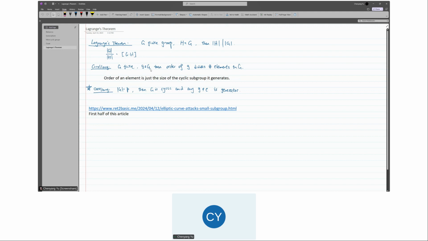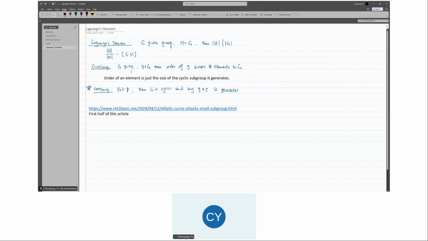Okay, so a corollary. This one is pretty general because it says for any finite group G, you pick an element from G, then the order of the element must divide the number of elements in G. You can say that because it is a finite group.